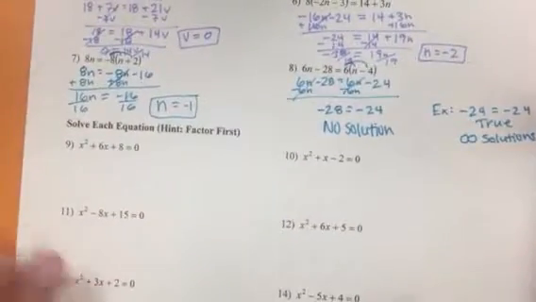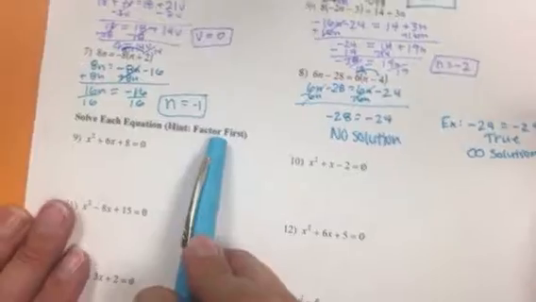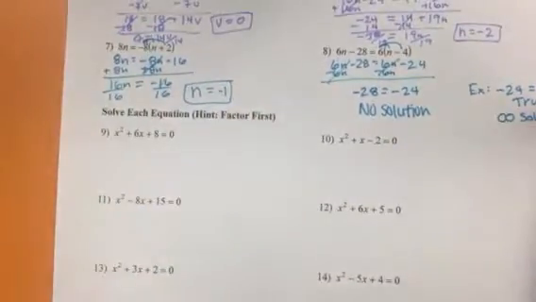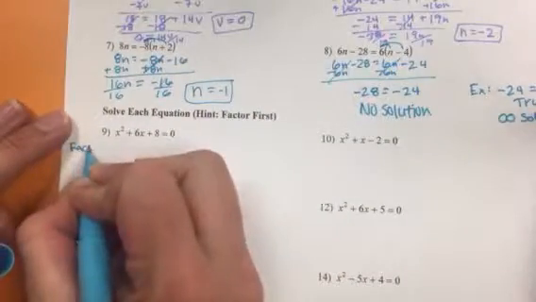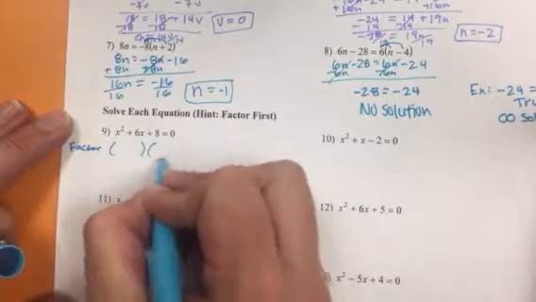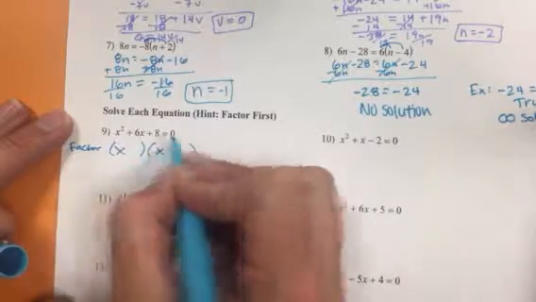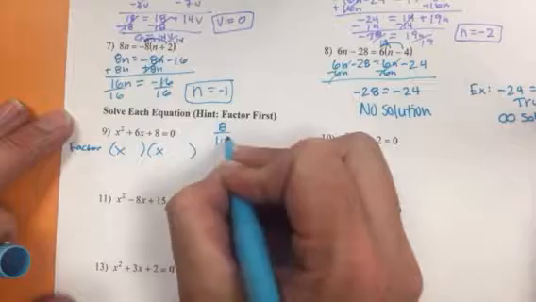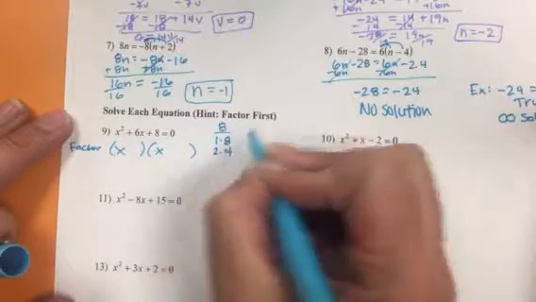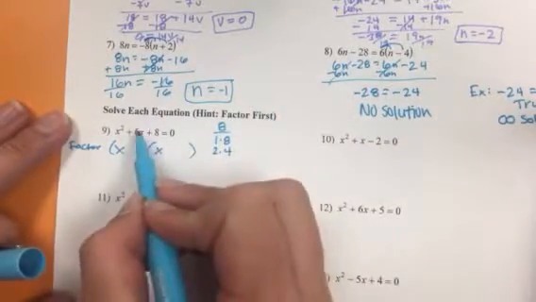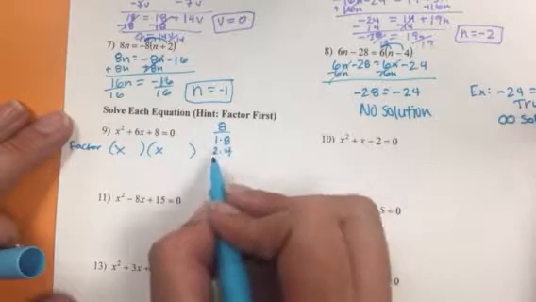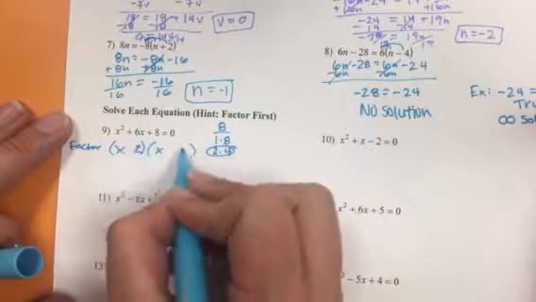All right, solve each equation. Hint, factor first. So I'm going to go through and I'm going to factor them. X breaks up in the front. Multiples of 8, 1 and 8, 2 and 4. I need the one that adds to 6. 1 and 8 adds to 9, 2 and 4 add to 6.